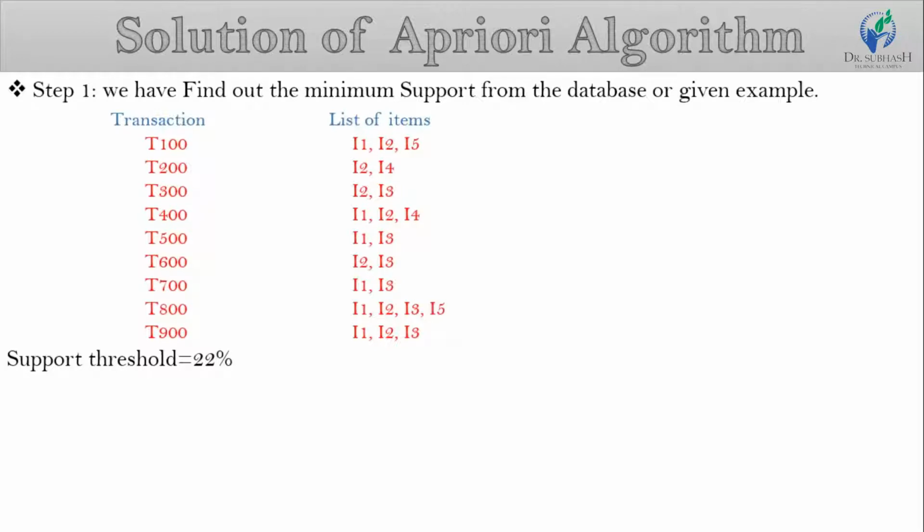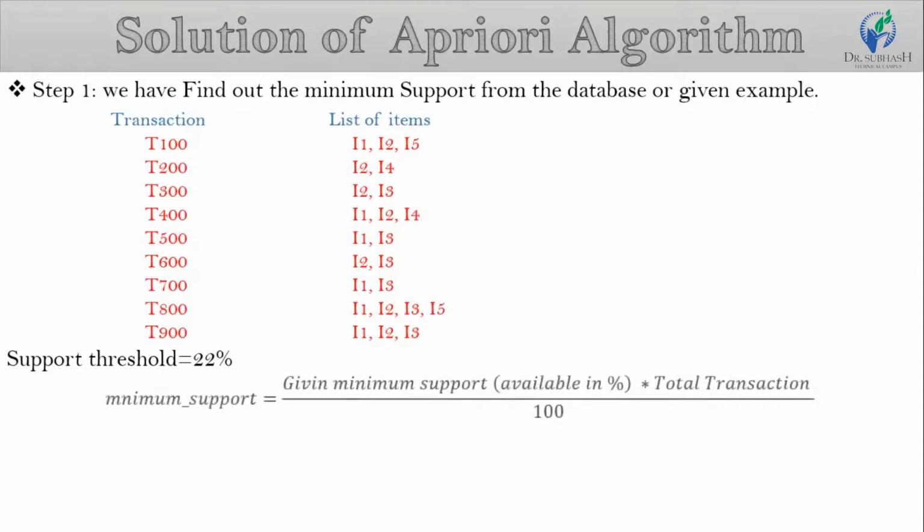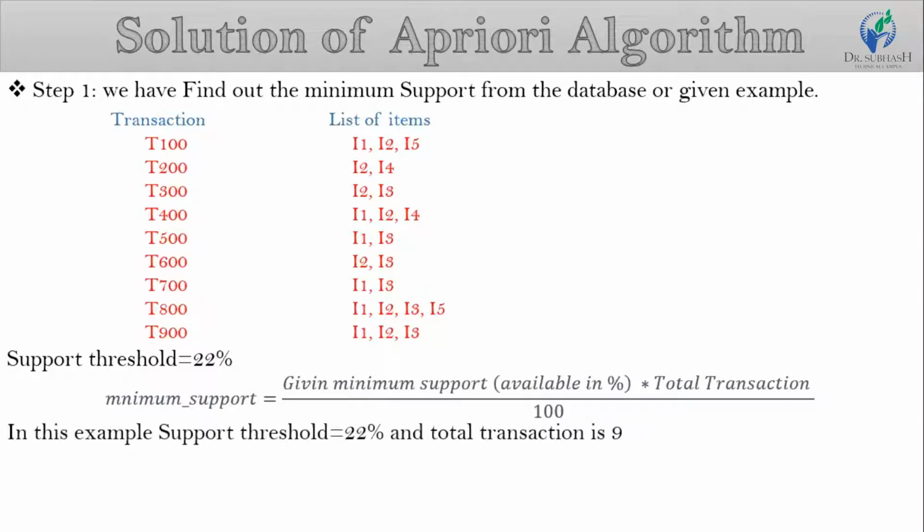So put those values in the equation: minimum support is the given minimum support in percentage times total transactions divided by 100. So we have 22 times 9 divided by 100, and the answer is 2. So our minimum support is 2.